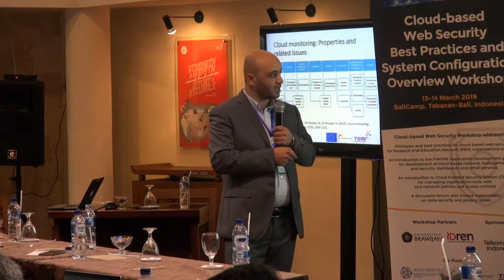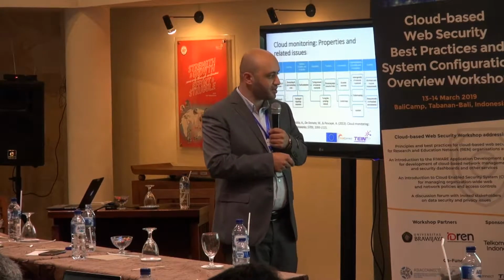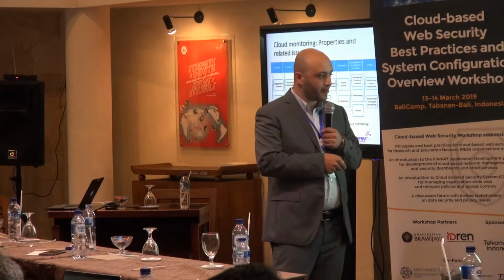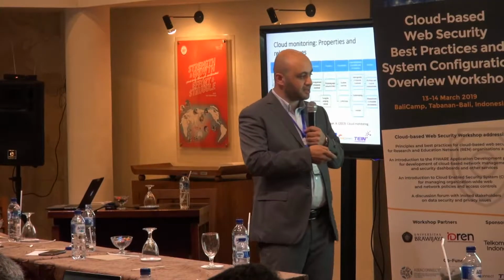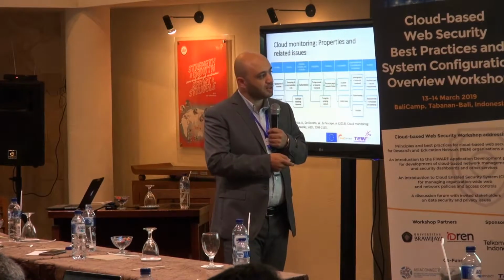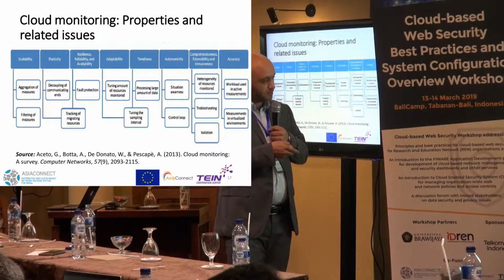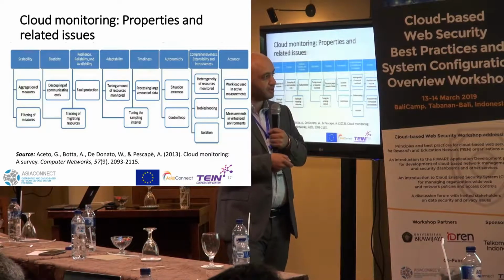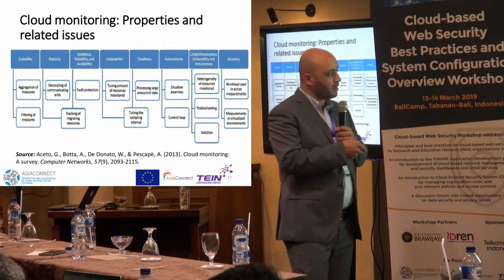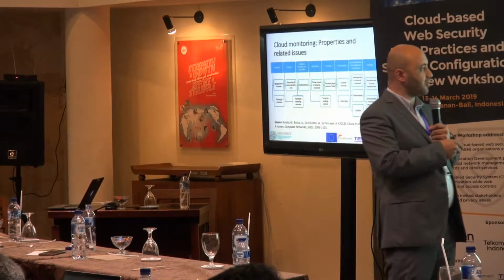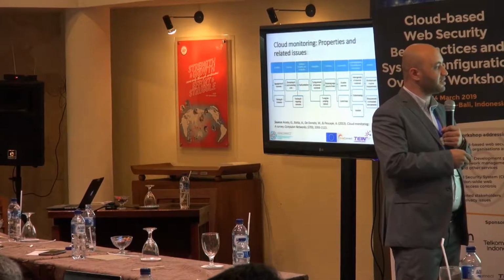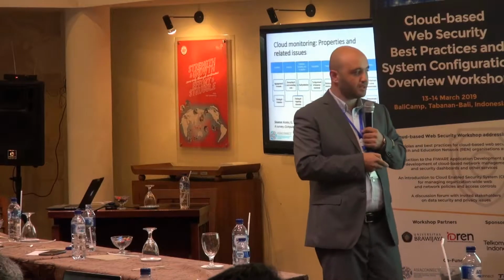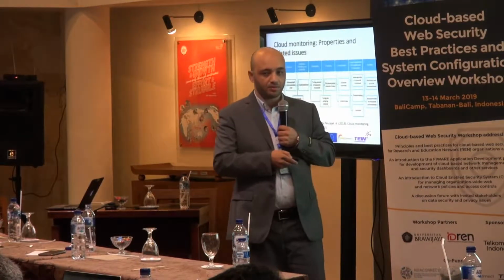For example, for scalability there is aggregation of measures, and another issue is filtering of measures. You can read about it. We will talk more about elasticity in more detail, and how these concepts affect security in cloud computing.